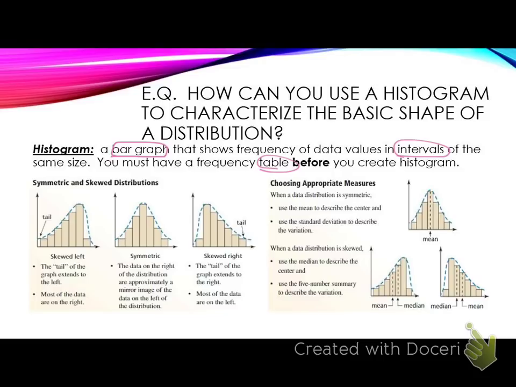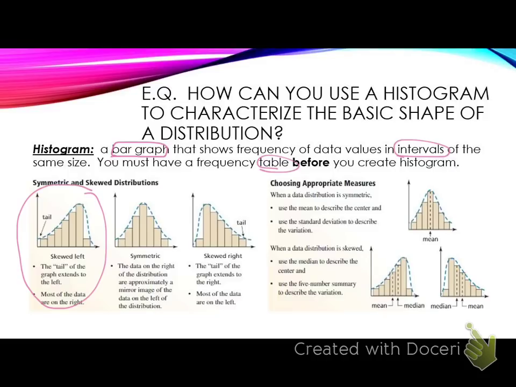But before we even get to that, let's look at symmetric versus skewed distributions. Again, this should look familiar based on what we did today in class with the box and whisker plot. You have first a histogram that is skewed left, because the tail of the histogram is longer on the left. This histogram is skewed left because most of the data is on the right.